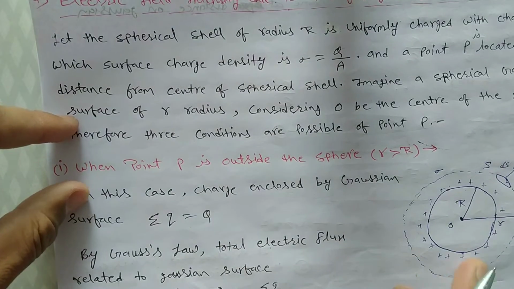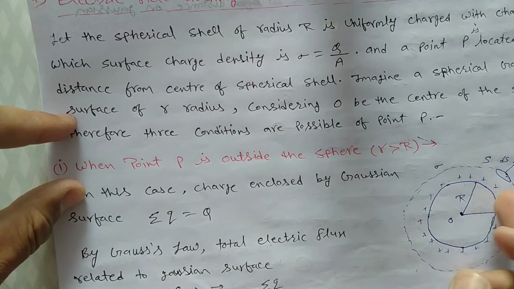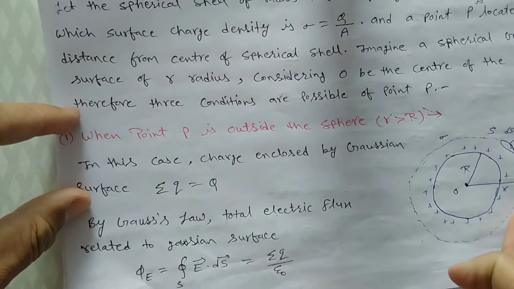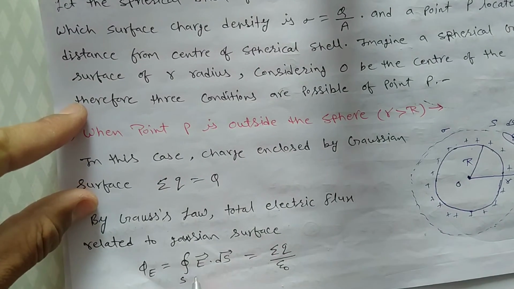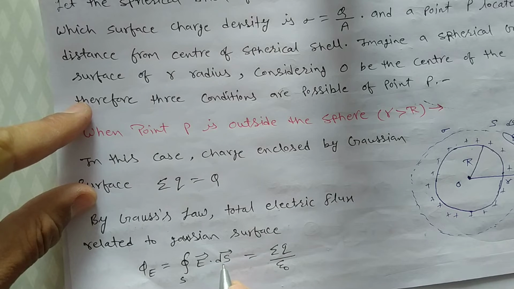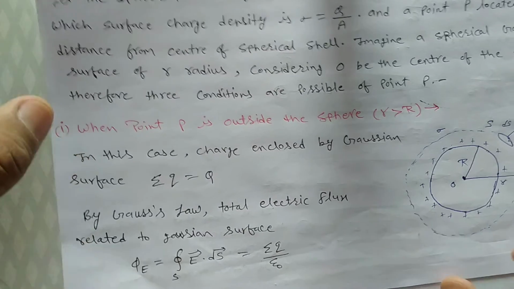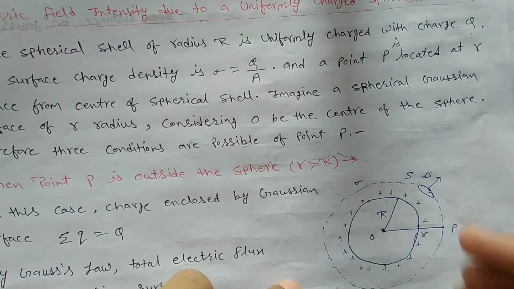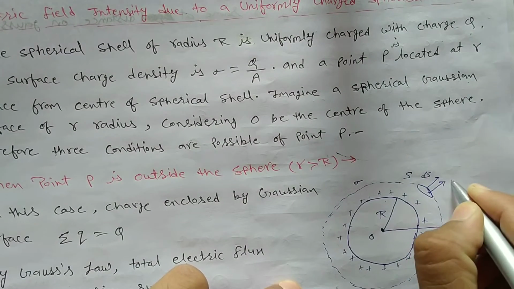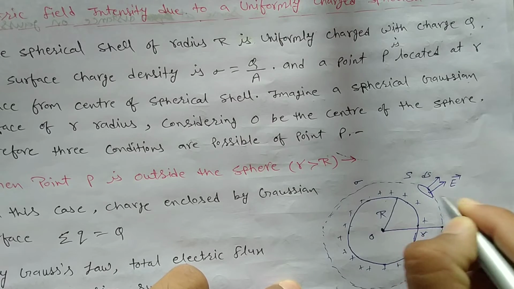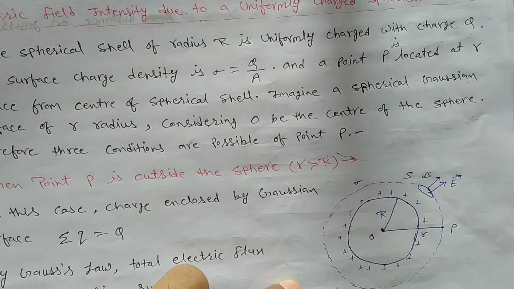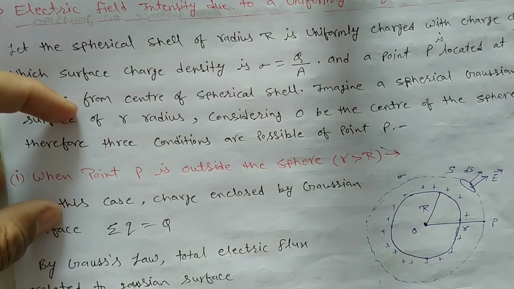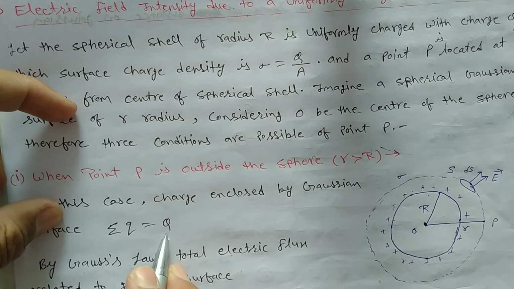By Gauss's law, the total electric flux related to this Gaussian surface, phi E, is equal to the closed surface integral of E vector dot ds vector, which is equal to summation Q over epsilon naught. Here, the direction of the electric field at this surface is perpendicular to the surface area S, and the value of summation Q is equal to Q.